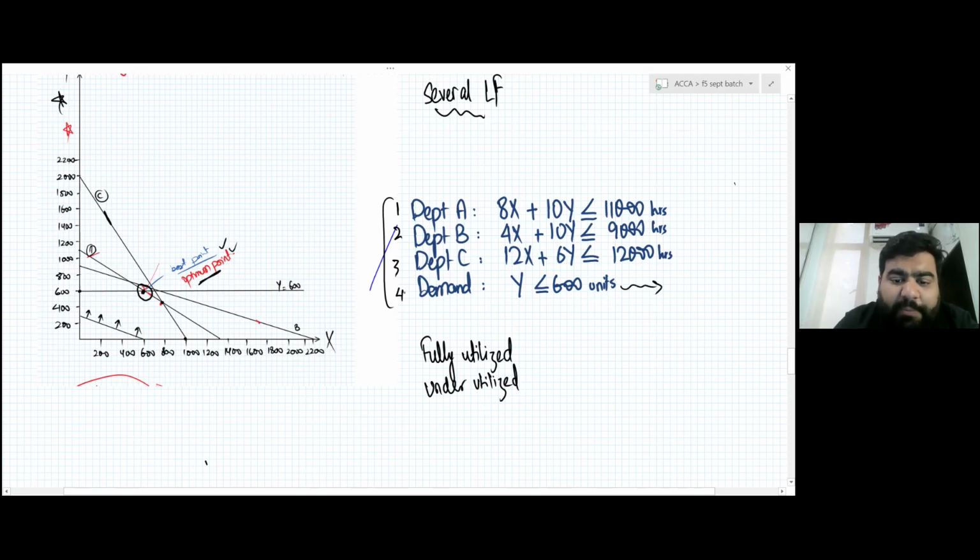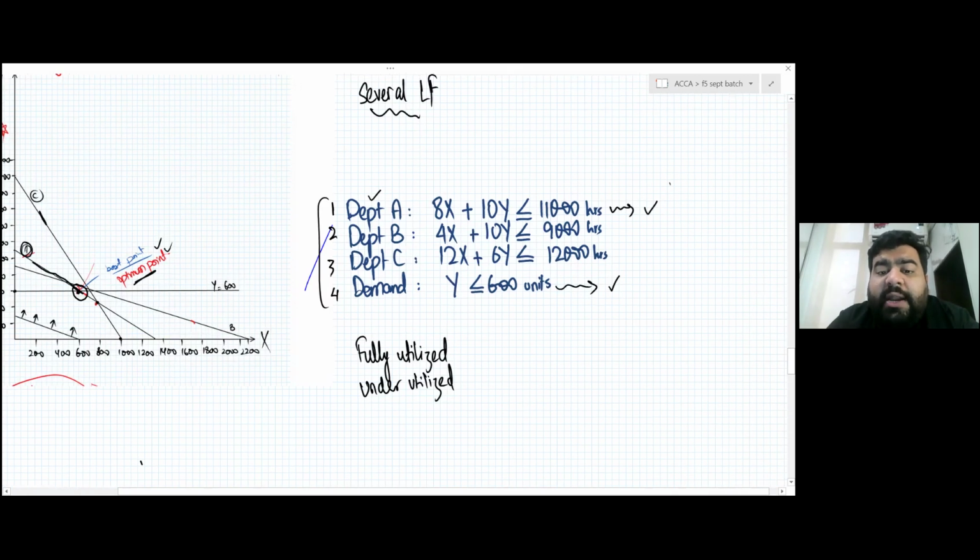At the optimum point, two lines are intersecting: one line is for demand, y is equal to 600, and the other is the line of A, meaning department A: 8x plus 10y is equal to 11,000 hours. These two lines intersect at the optimum point.